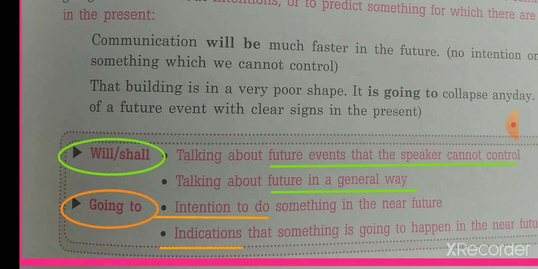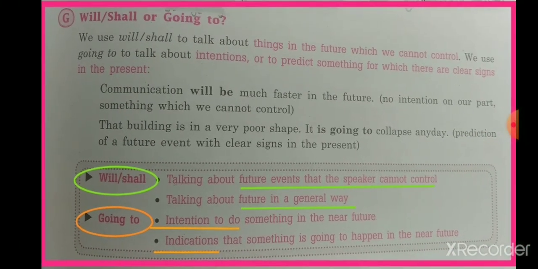So in short we can remember it this way: we use will or shall to talk about things in the future which we can't control, and we use going to to talk about intentions or predict something for which there are clear signs in the present. So this is all for today.